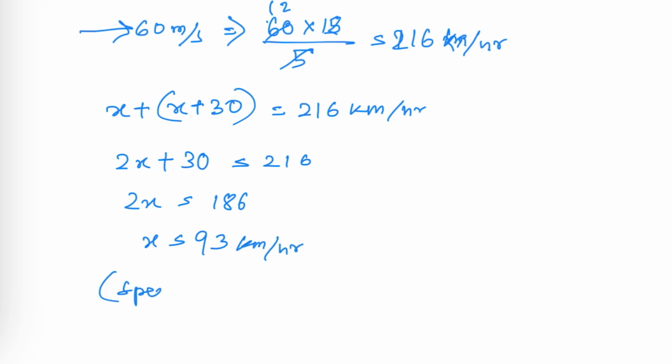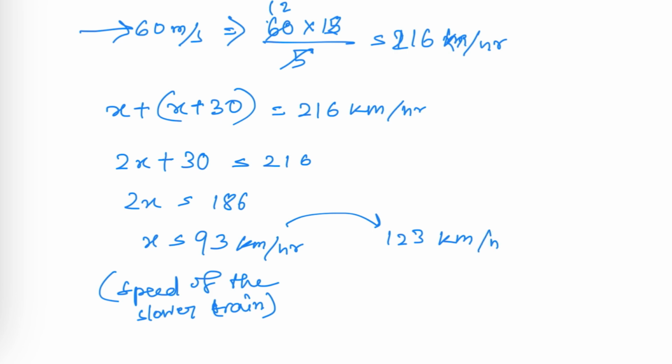It will be the speed of the slower train, and therefore the speed of the fast train will be 123 kilometer per hour. This will be the speed of the faster train.